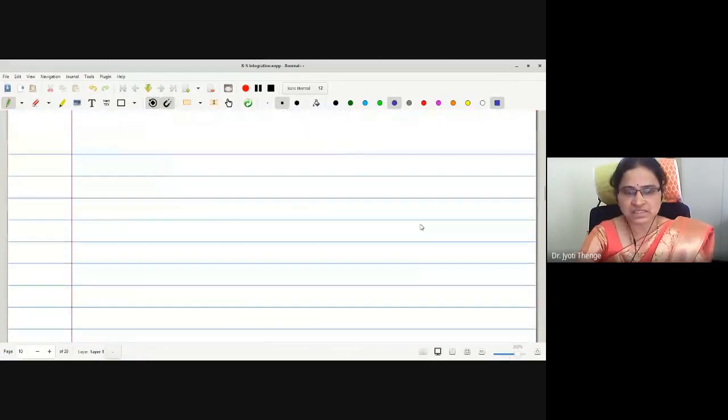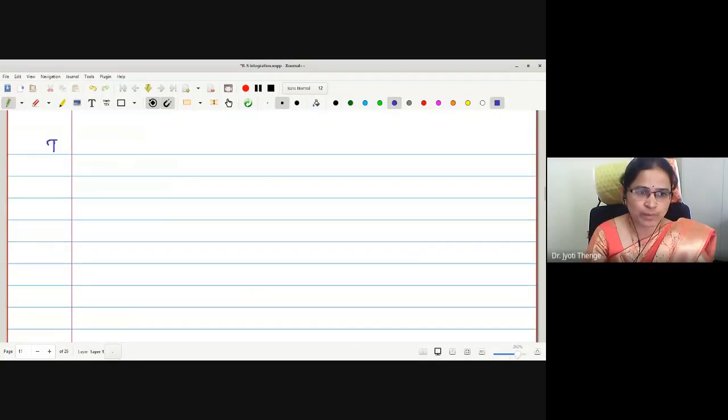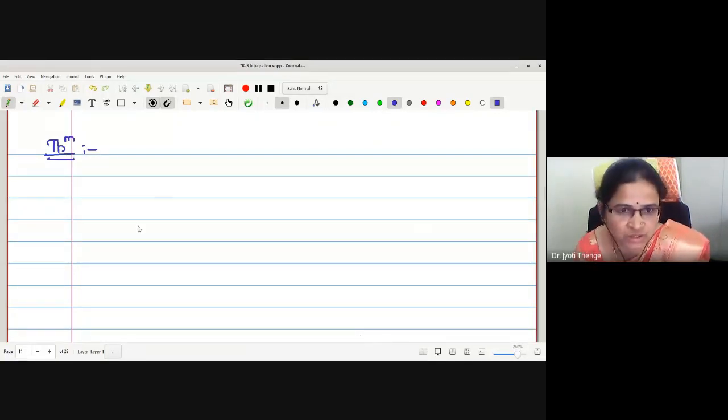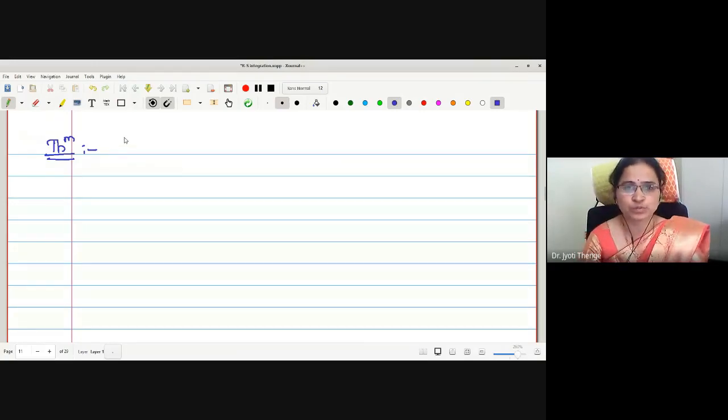Now we will deal with the last section, solving examples. Before the example, we will see the statement of an important theorem which will help us solve the examples.